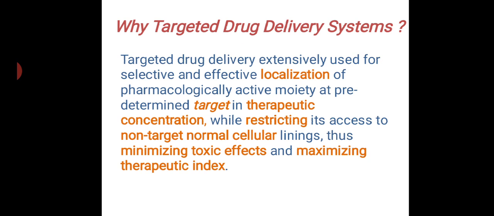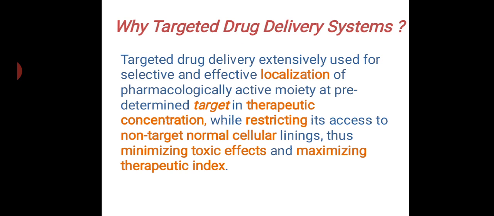Now, suppose for a particular disease, there is a reason for producing that disease in our body. For curing this disease, we need to administer the drug only to the particular site or particular target that is causing the disease. There is no need to carry the drug into the entire body. So this targeted drug delivery system helps in localization.